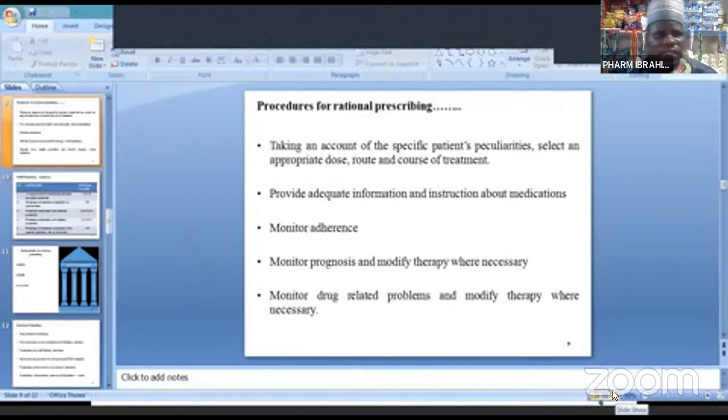Then the next is the facility-based indicator. And this includes availability of essential medicine lists and the policy medicine use documents to the healthcare practitioners. And the optimal value is all facilities should have available essential medicine list and hospital formulary.